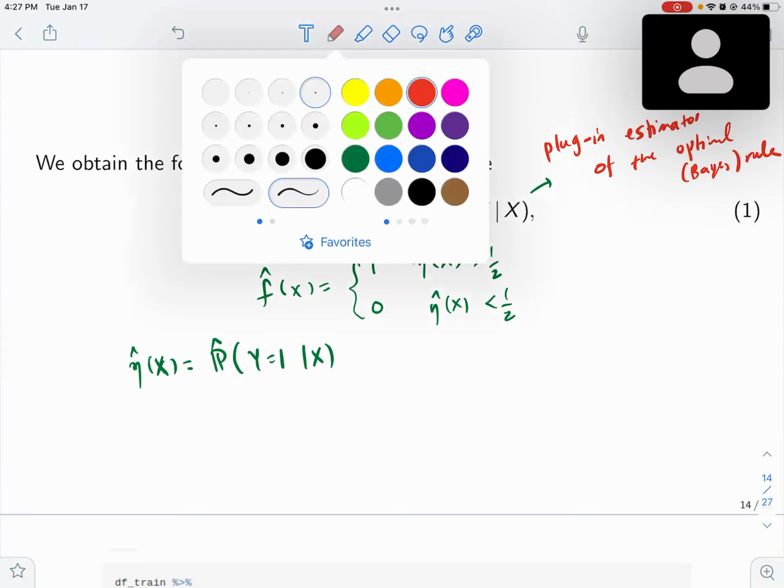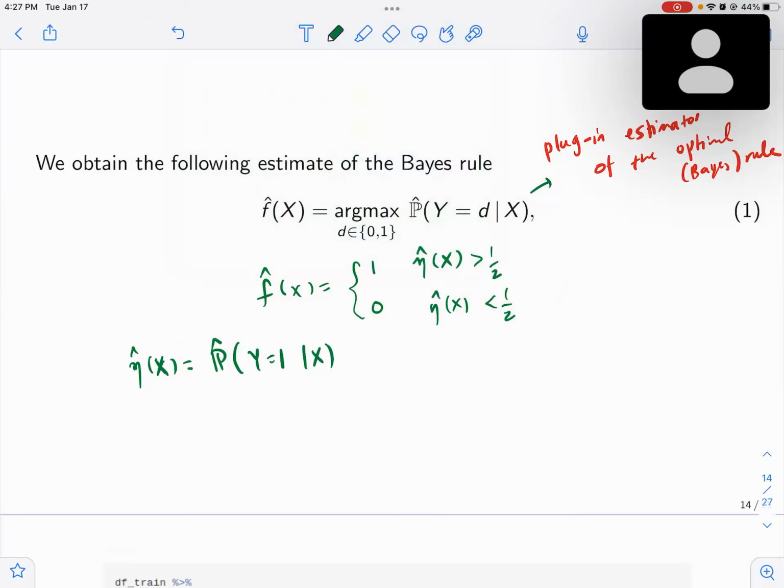Plug-in means I look at the structure of the optimal rule, and just plug in my estimate of whatever needs to be estimated in there. So eta x is what we need to estimate. I'm going to plug it in here. Or in this case, this is what I need. So I plug in. It used to be this. Without the hat, I just plug in the estimate, and then now I have my rule.